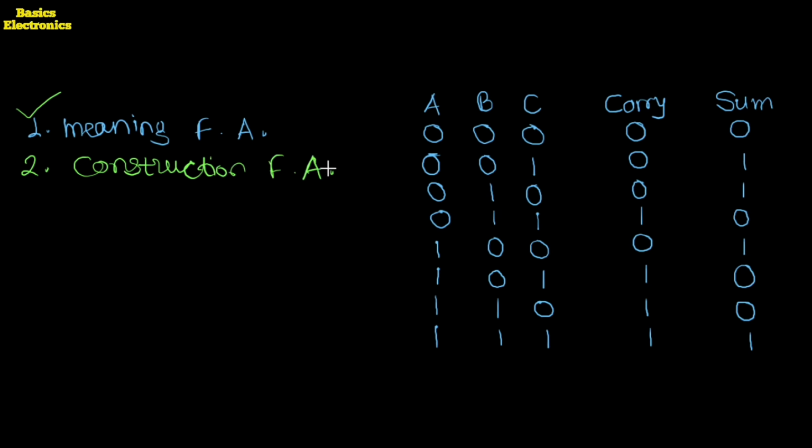If they ask, explain the working of the full adder using the two half adders, then you have to write down the construction of the full adder using the two half adders. If they ask, explain the working of the full adder using the 3 AND gates, 1 XOR gate and 1 OR gate, or explain the working of the full adder using its logic diagram with gates, then you have to write down the full adder using the 3 AND gates, 1 XOR gate and 1 OR gate.